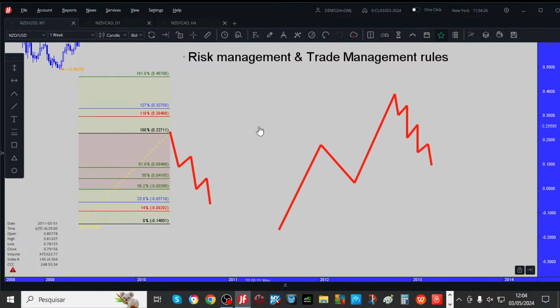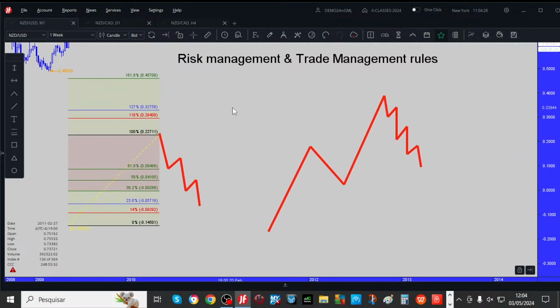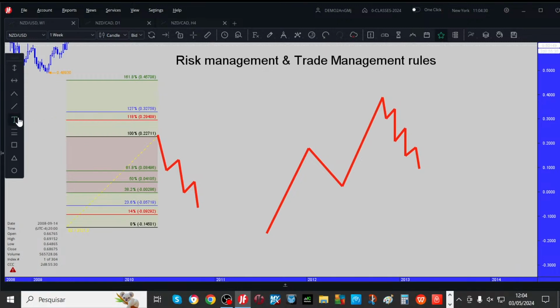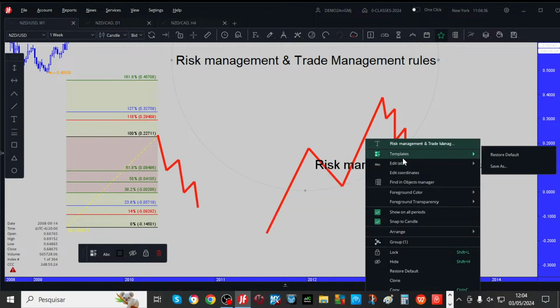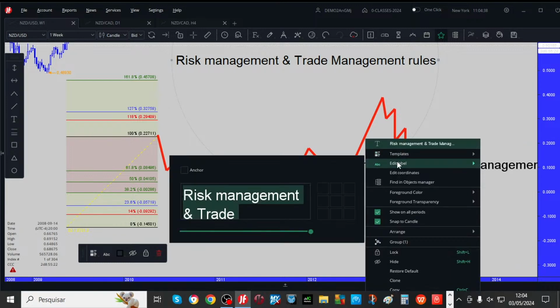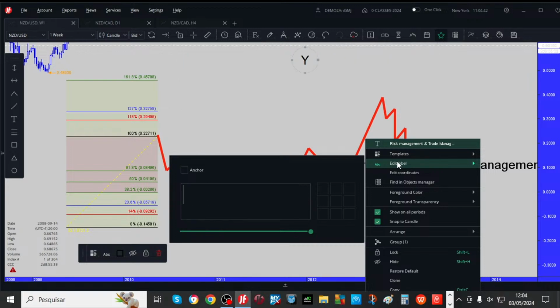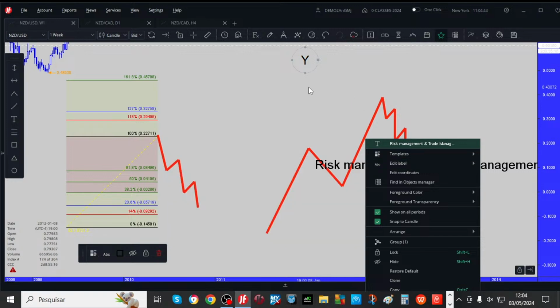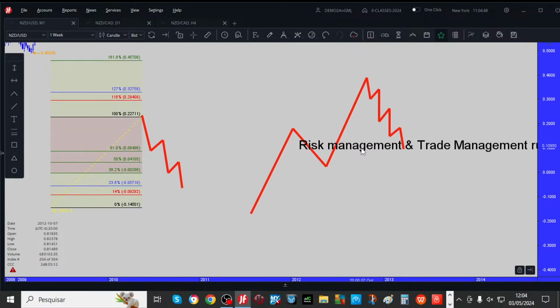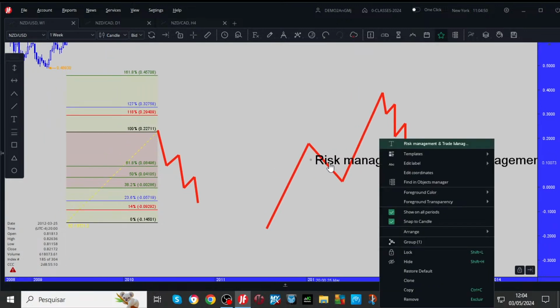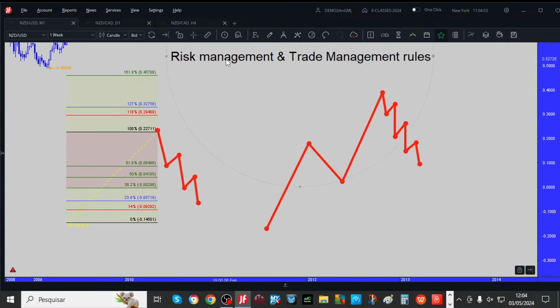All right. So talking about risk management, this means that you, edit label. I don't like it. These are the new features of Dukascopy.